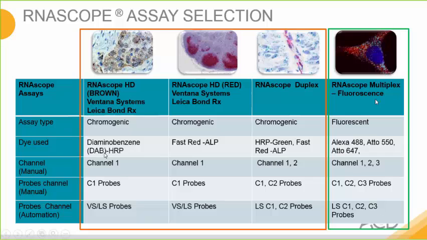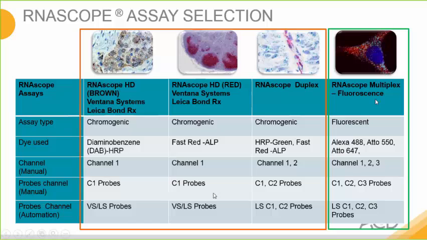The brown assay is very robust, very sensitive. The stain is permanent, and it is the most widely used in RNAscope assay. The red color really stands out and provides bright color stains with high contrast to background. So it's useful for studies with tissues with endogenous color background, such as melanins in skin or lungs from smokers.